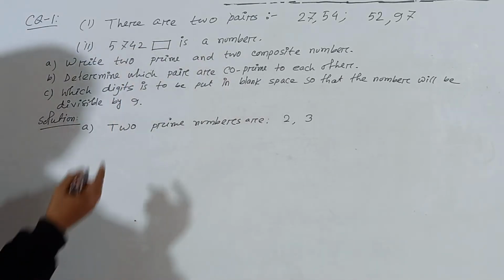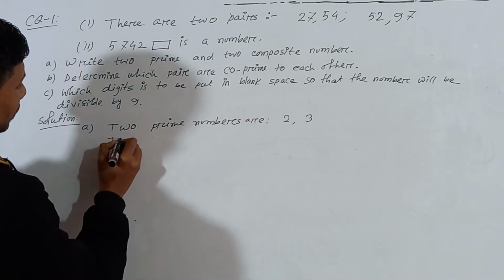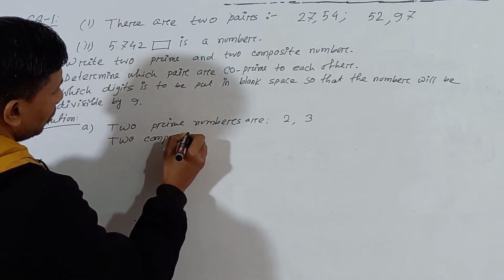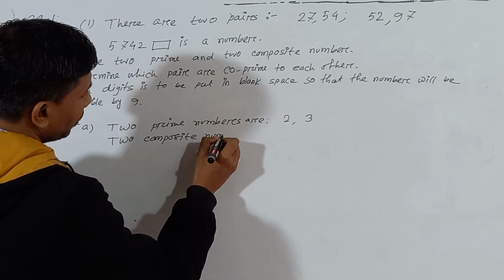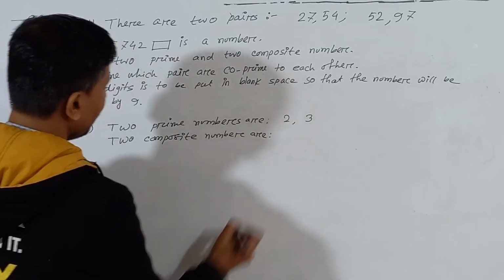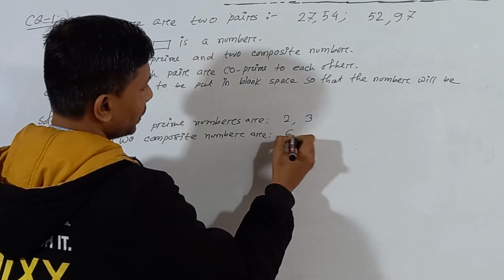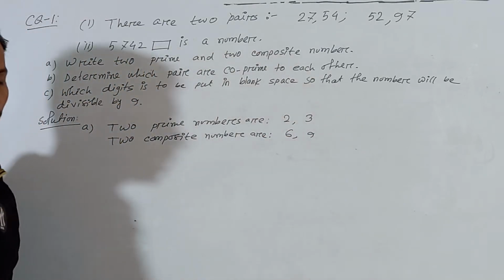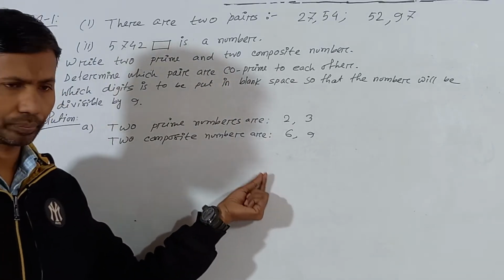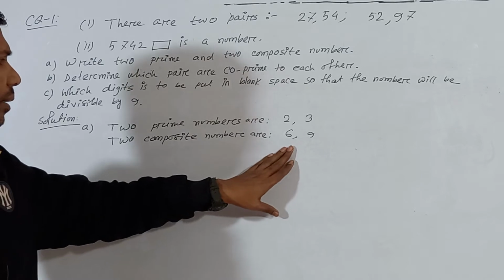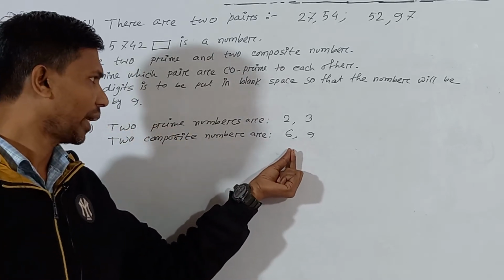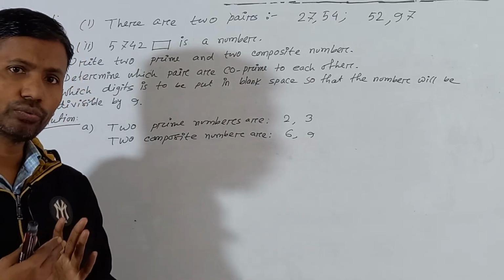Similarly, 2 composite numbers. 2 composite numbers are, suppose, 6 and 9. Student, you have to remember the characteristics of composite numbers. We will call a number a composite number if the number has more than 2 factors.